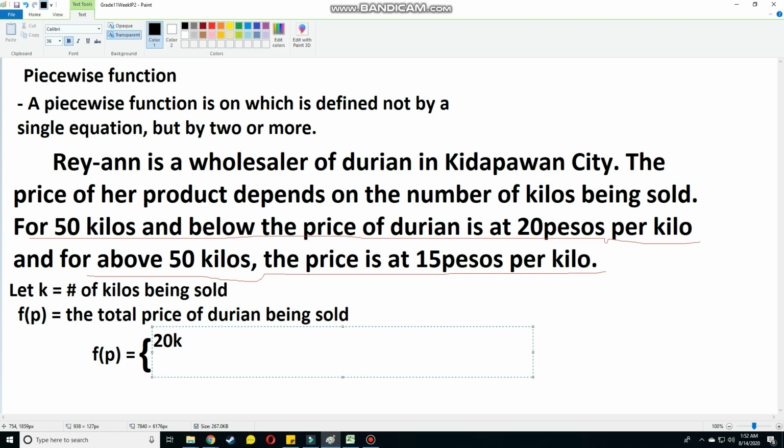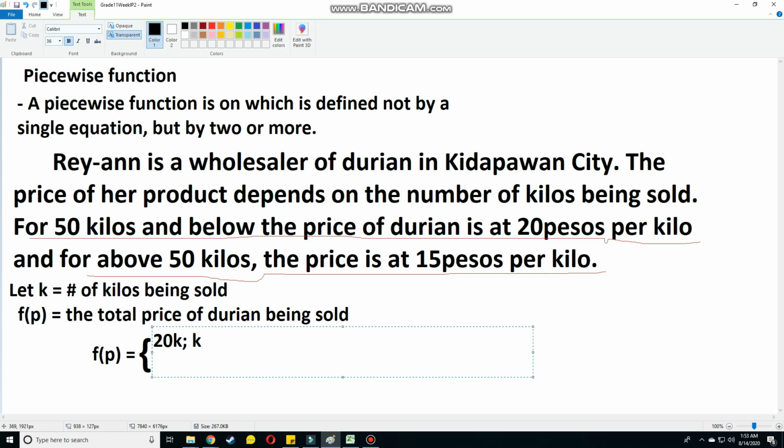There is a restriction now: the durian being sold must be 50 kilos and below. So 20 pesos per kilo is only applicable if the number of durian is 50 and below.